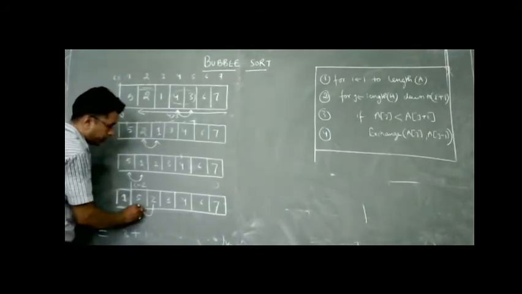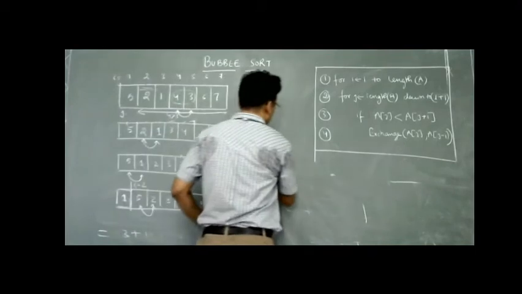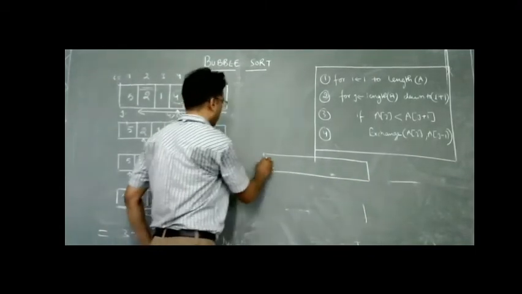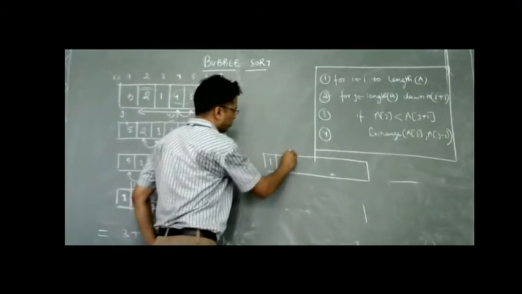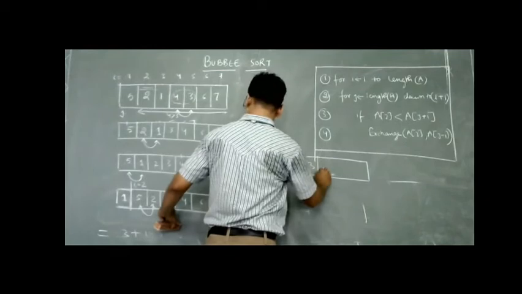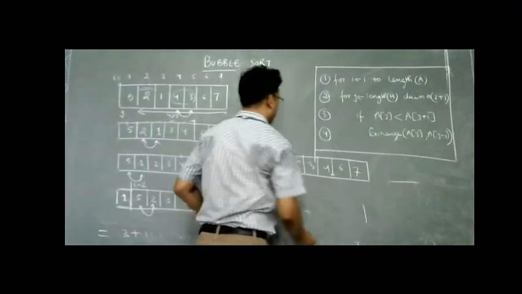So we shall swap these two numbers. After the swapping, the result would be like this: 1, 2, 5, 3, 4, 6 and 7.